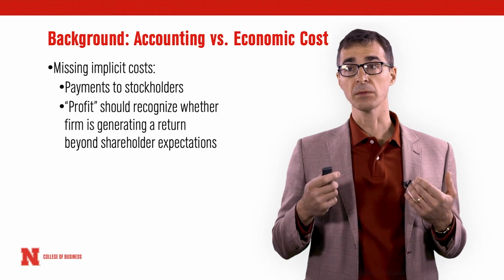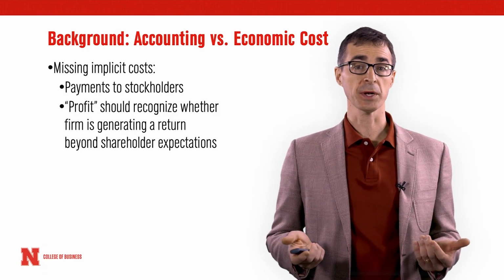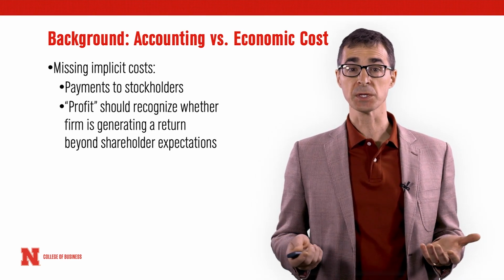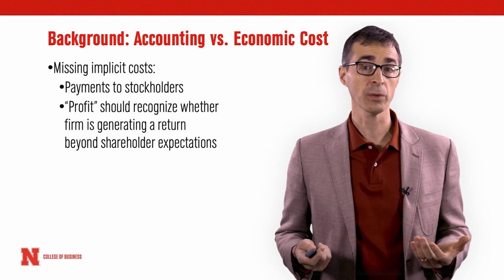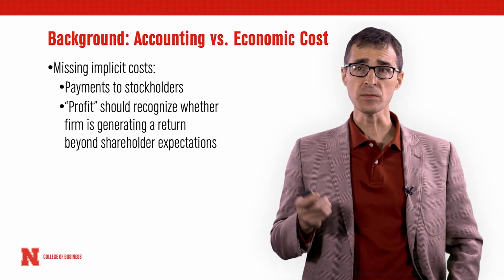One of the largest implicit costs that does not show up on an accounting statement or an income statement would be the payment to stockholders, or the expected or required return from the company's stockholders.